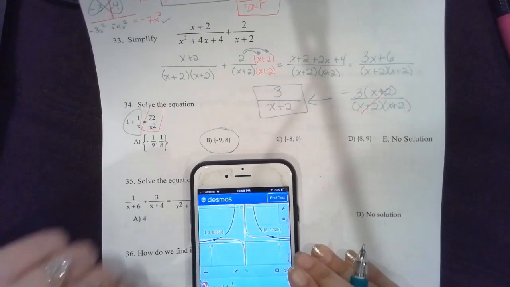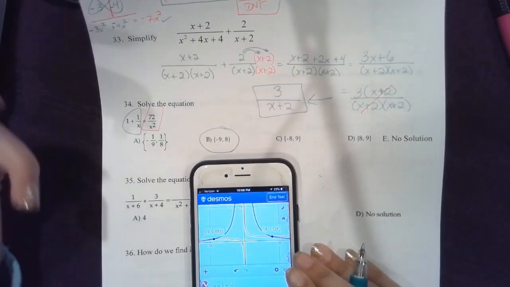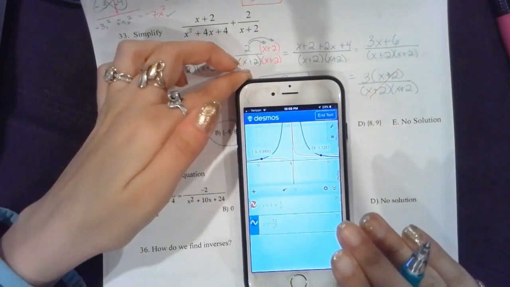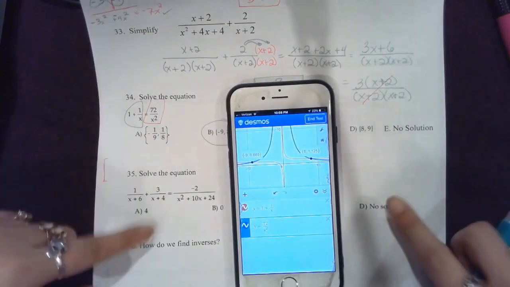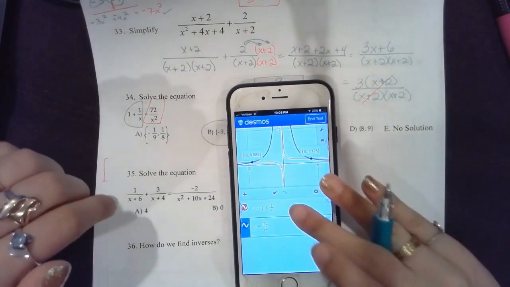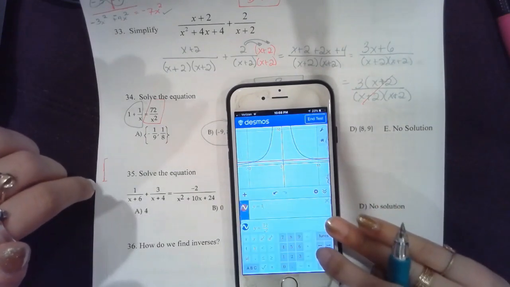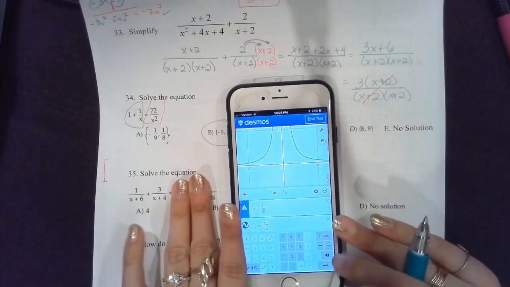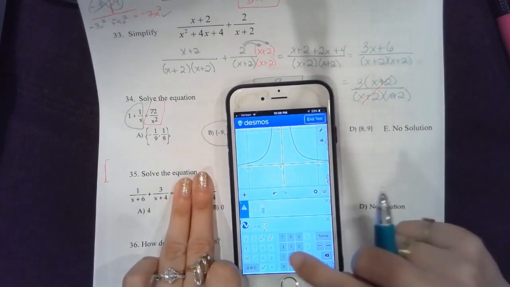So next up, we do the exact same process. It's great that it's multiple choice. So I'm going to go ahead and clear this. That's y equals, everything on the left side goes on the first line. So that's 1 over x plus 6.